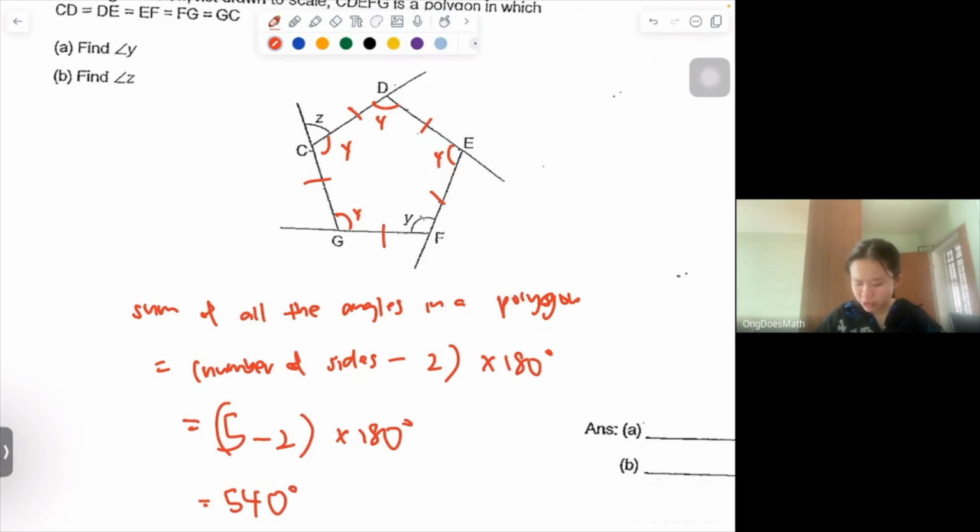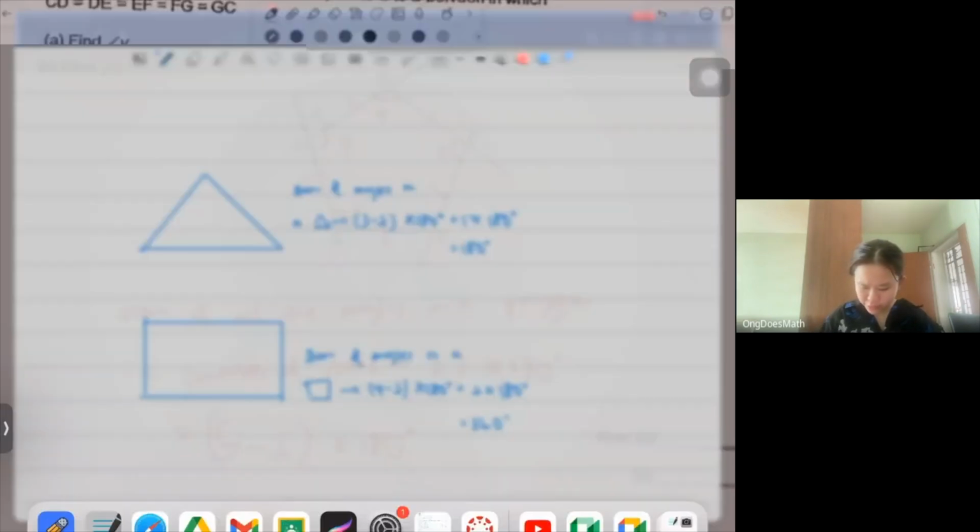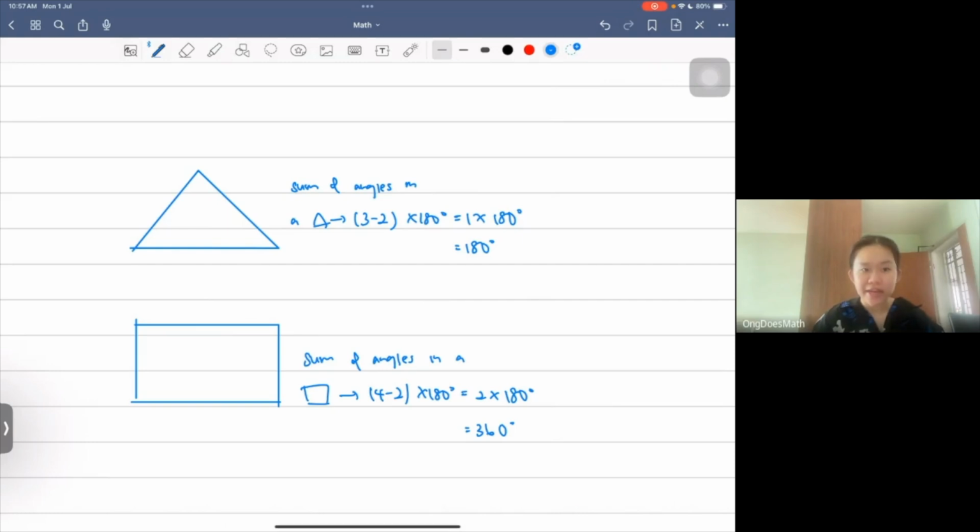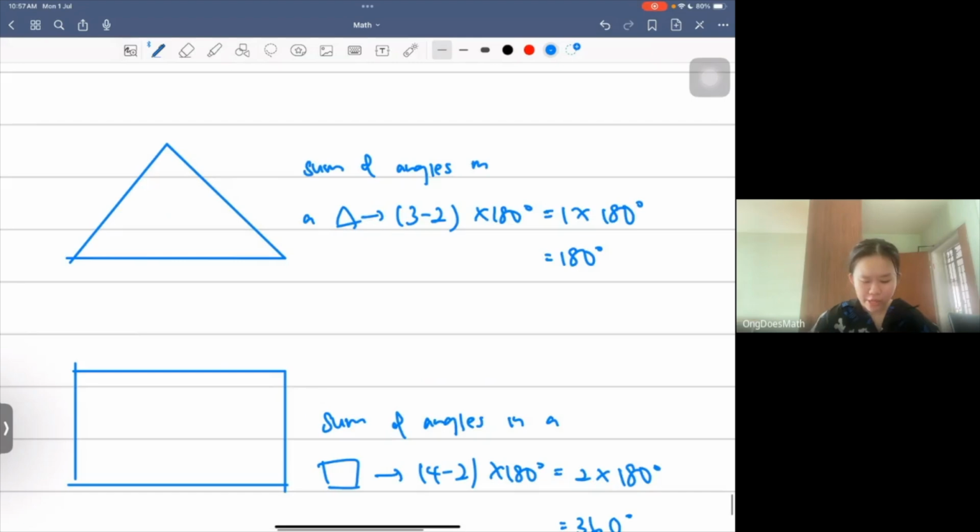This rule actually applies to triangles, squares and rectangles also. So if you recall, the sum of angles in a triangle is 180, right? How did this 180 come about? It's because a triangle has 3 sides. So you take the number of sides minus 2, which is 3 minus 2 times 180. So you end up having 1 times 180, and that just equals 180.